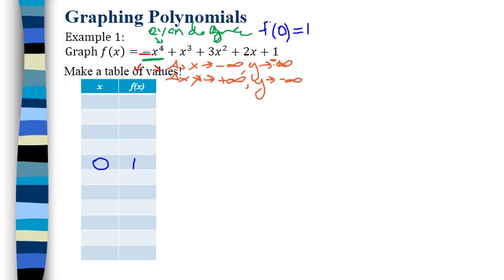Now, up until this point, we've been able to get away with getting a pretty decent picture of the graph using integers. In polynomials, though, we really want to find what's happening in between those integer values for x as well.